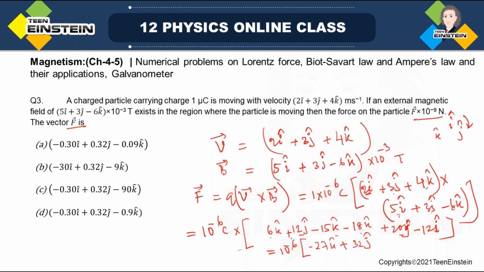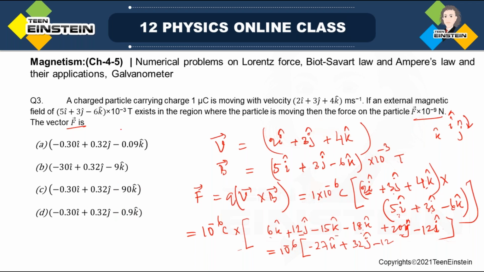Now i cap, only one is here, so that is minus 12 i cap. We need to check once again because the options are not matching with this.